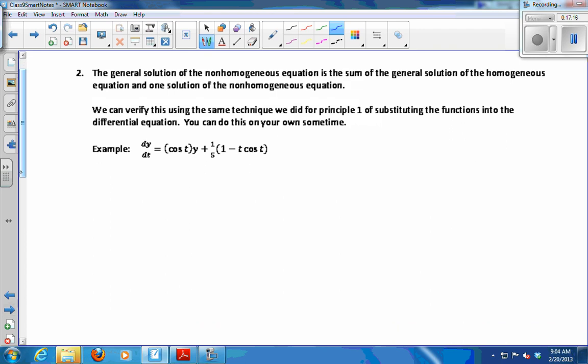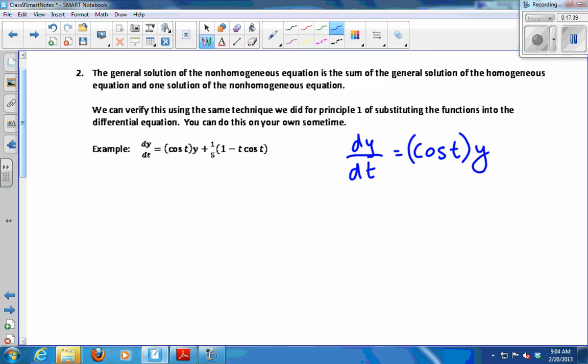All right, so here is a non-homogeneous linear differential equation. The associated homogeneous equation would be dy/dt equals cosine of t times y. And we just solved this like 2 minutes ago.